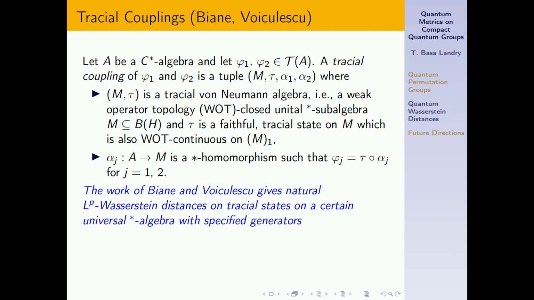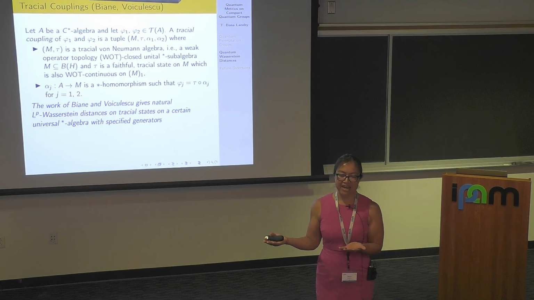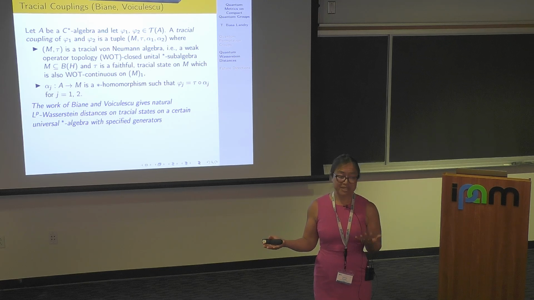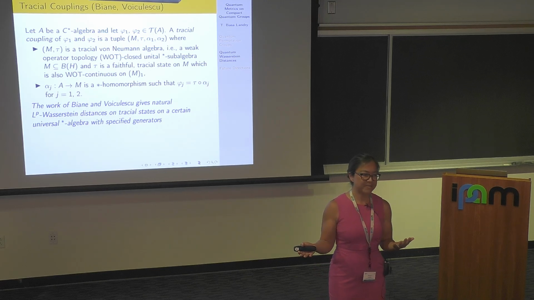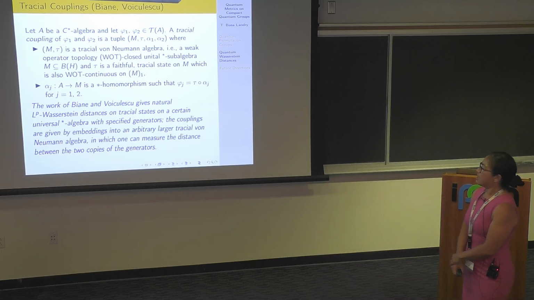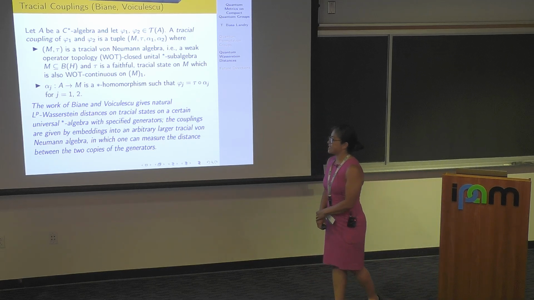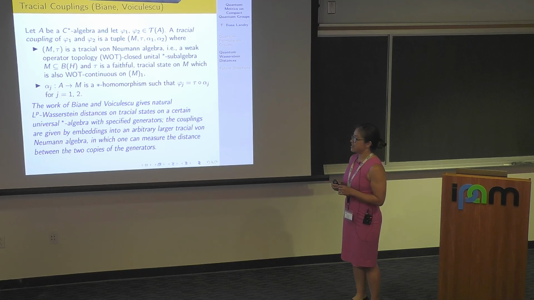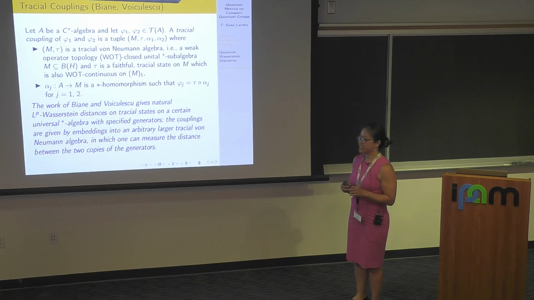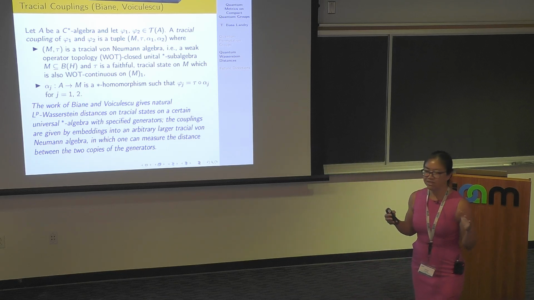This gives natural LP Wasserstein distances on tracial states on universal C-star algebras with specified generators. You can see from how the compact quantum matrix groups are built that they're universal C-star algebras, so this is especially well suited to these types of objects. The couplings we have are given by embeddings into an arbitrary larger tracial von Neumann algebra, and it's in this larger algebra that we measure the distances between two copies of the generators.